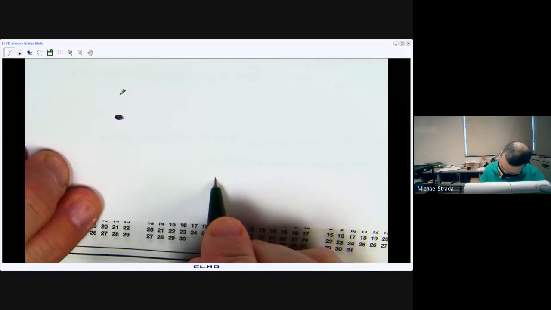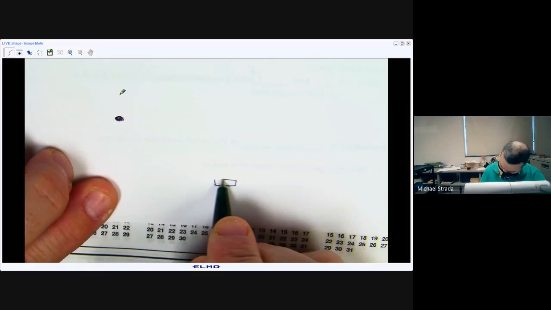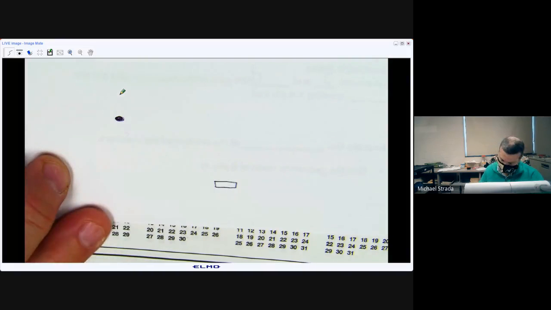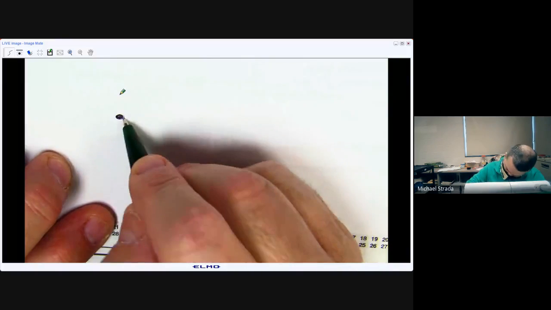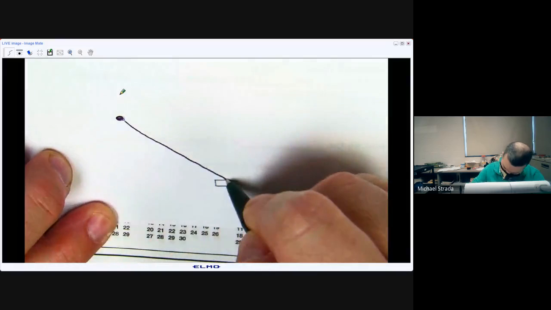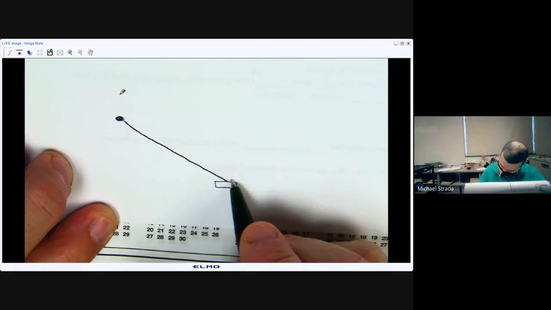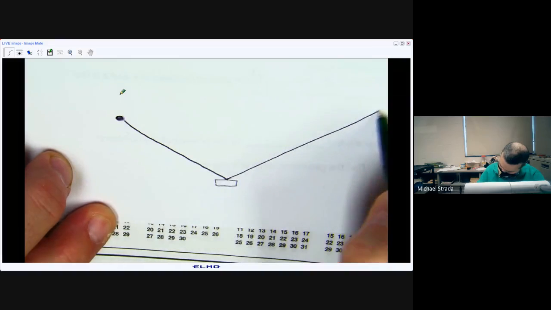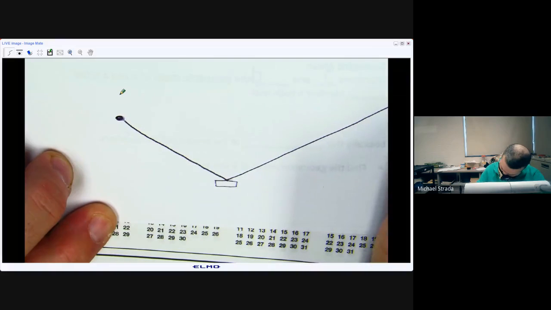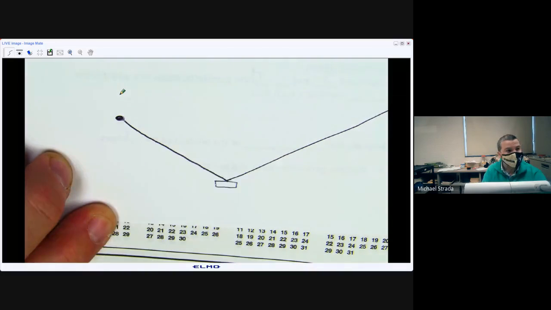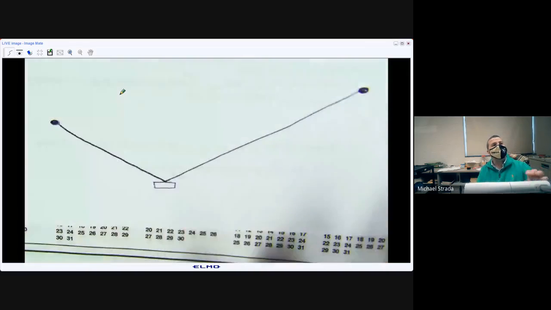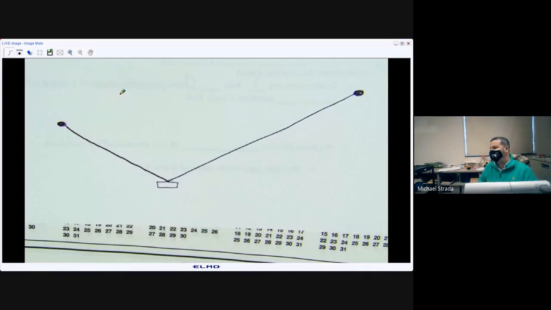Here's the mirror. You look and basically what accounts for the center of the mirror, and you see the top of another object.